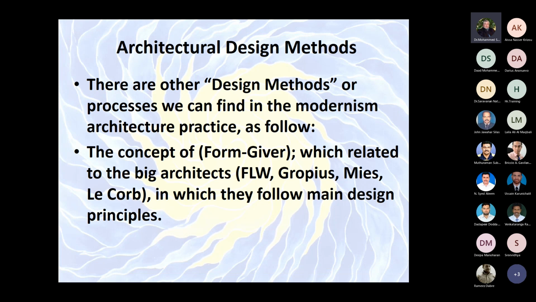Now we are talking about architectural design methods. There are other design methods or processes we can find in modernist architecture practice, as follows. The concept of form giver, related to the big architects like Frank Lloyd Wright, Walter Gropius, Mies van der Rohe, and Le Corbusier, who followed the main design principle that form gives us meaning.